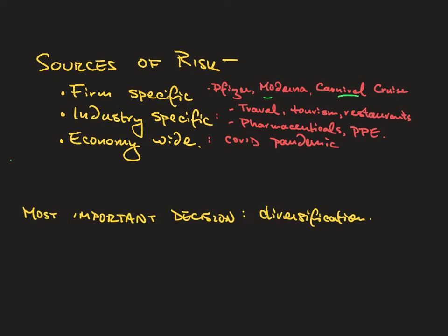You don't know what's actually going to happen. If you split your money between two different companies, then you will reduce the uncertainty in your income.